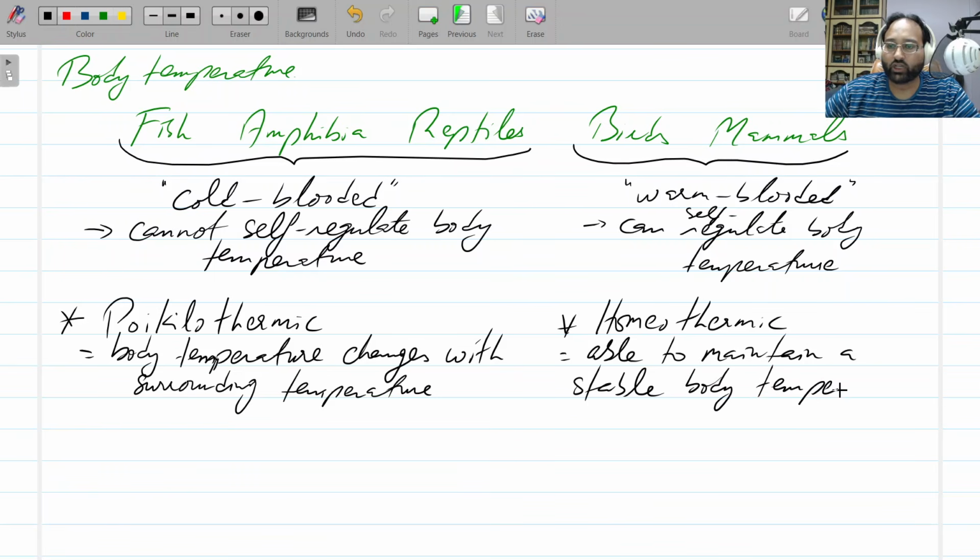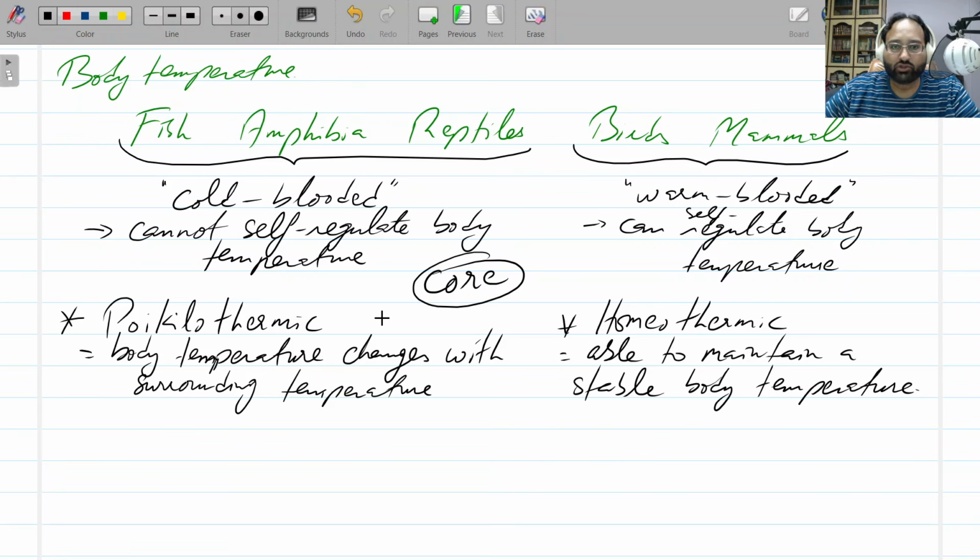And when we say body temperature, we mean the core body temperature, inside, the working temperature, not the surface skin temperature. The internal temperature. Okay, clear?